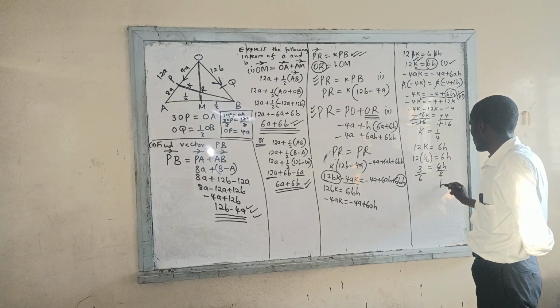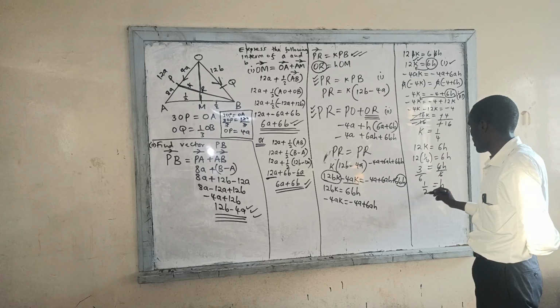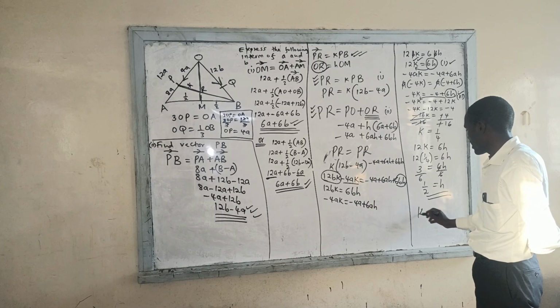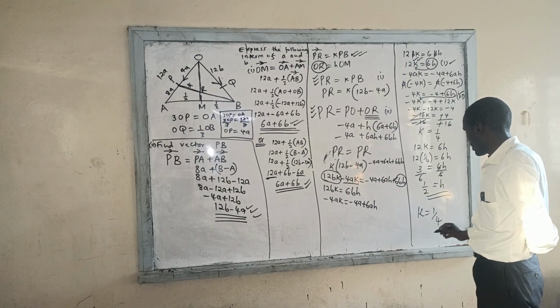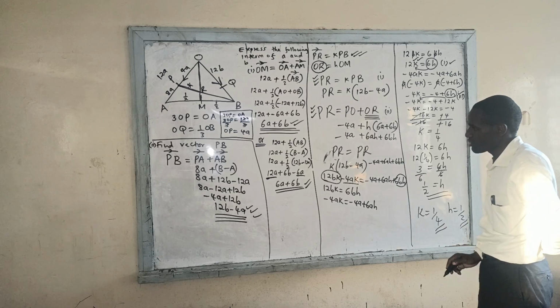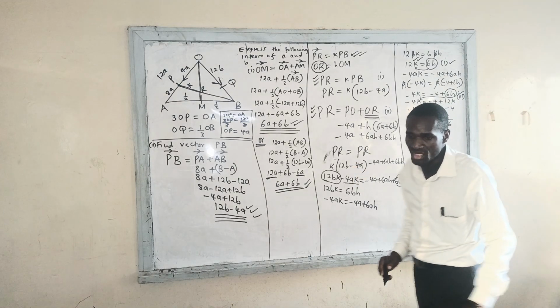So that means at the end of the day, H is a half. So I've gotten my constants: my K is a quarter and my H is a half. And those are your answers. You can get the 10 marks for that question.